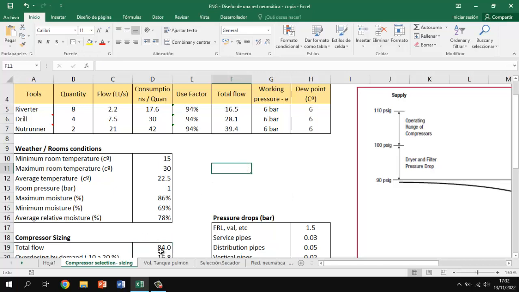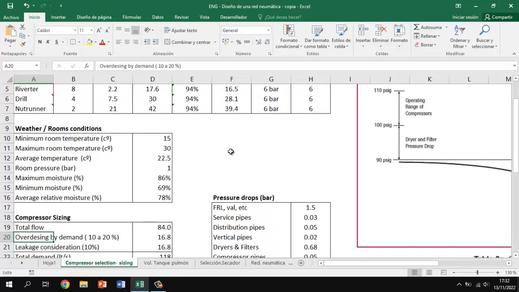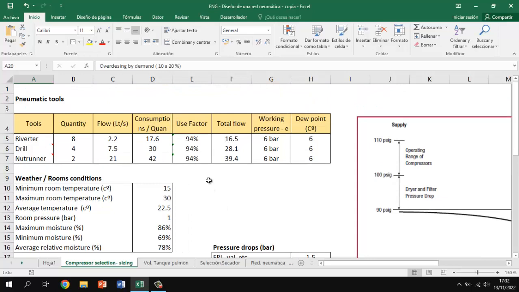Okay, we have the total flow, that is the sum of this, 84. We start. Now you should consider some over designing. What does it mean? Imagine that today or tomorrow you don't want 8 reverters, you don't want 4 drills, you want more, 5, 6, 10, whatever.